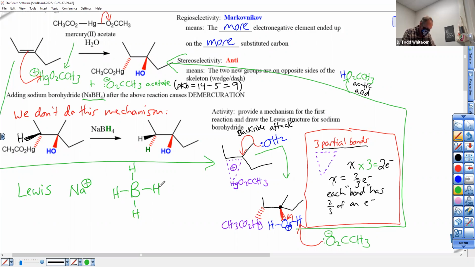But here it has an extra bond. So it's sharing 8, which is like owning 4. It owns 1 more electron here than there. When you own 1 more electron than you do on the periodic table, what's your charge? Minus. Hey, that's why it's listed second, right? NaBH4, cation, anion. And the name says the hydrogens are hydride.